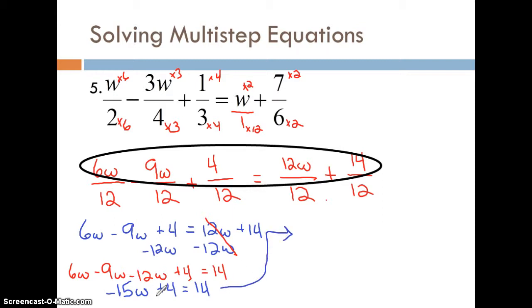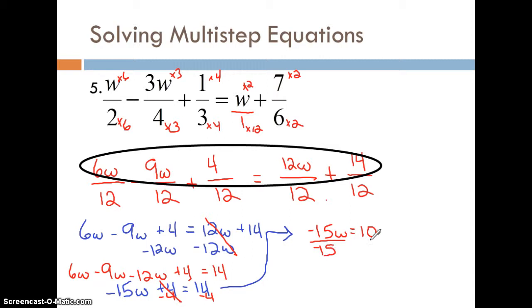But I still do the same. Get rid of the constant first. So I want to subtract 4 from both sides. So I'm left with negative 15w on one side. And then 14 minus 4 is 10 on this side.